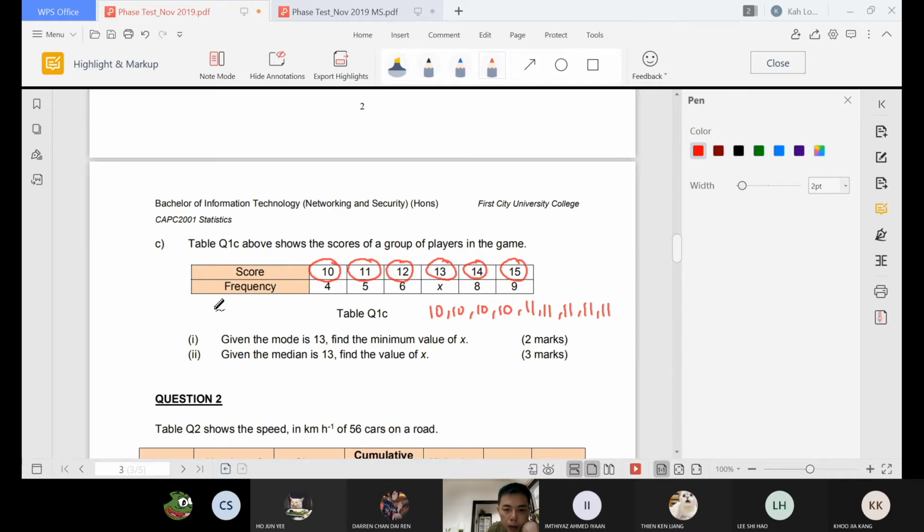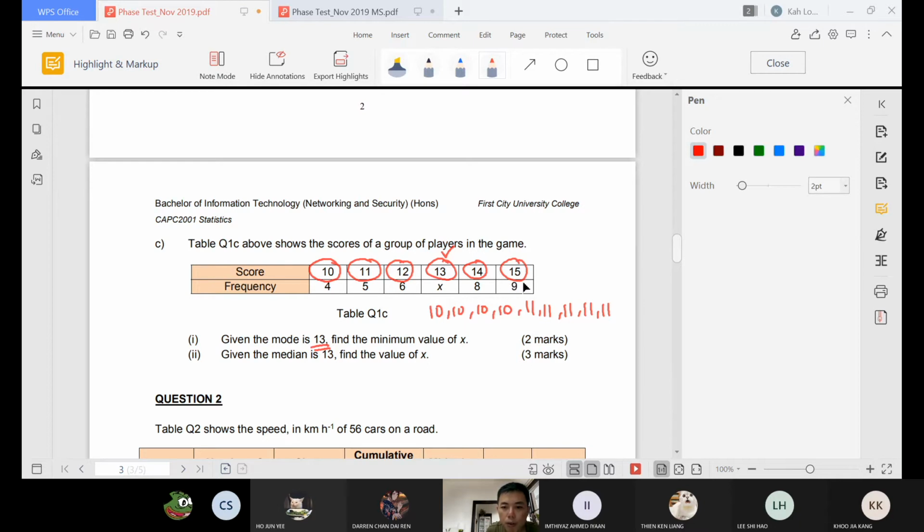Now I want to tell you, if I give you the mode is 13, so you know that mode must be 13. Then what is your minimum value of x? So far you see 15, the frequency is the highest.